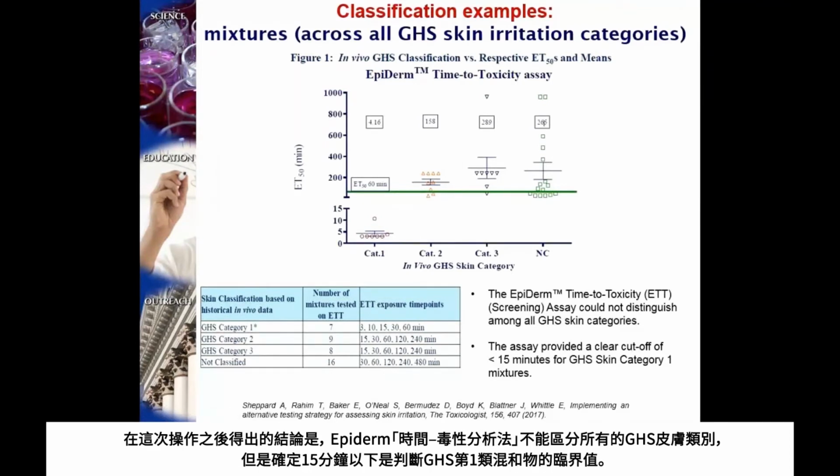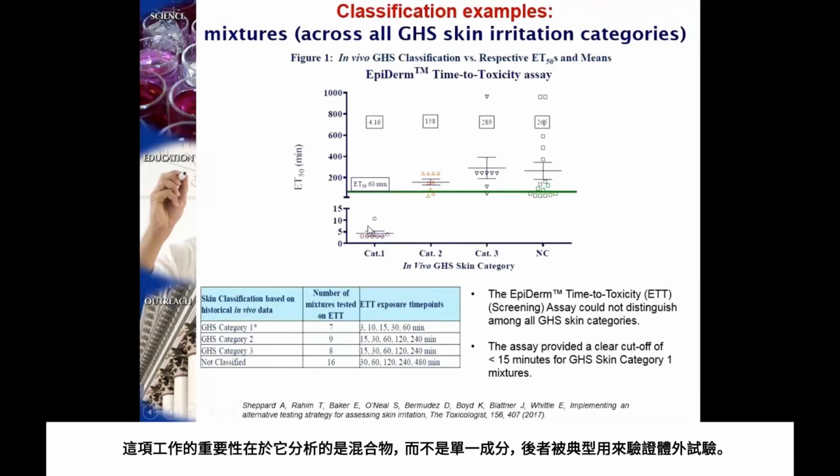So what was concluded after this exercise was that the EpiDerm time to toxicity assay did not distinguish among all GHS skin categories, but provided a clear cutoff value of 15 minutes or less for the GHS category 1 mixtures. This is very important work because it addresses mixtures, not ingredients, which were classically used to validate in vitro assays.